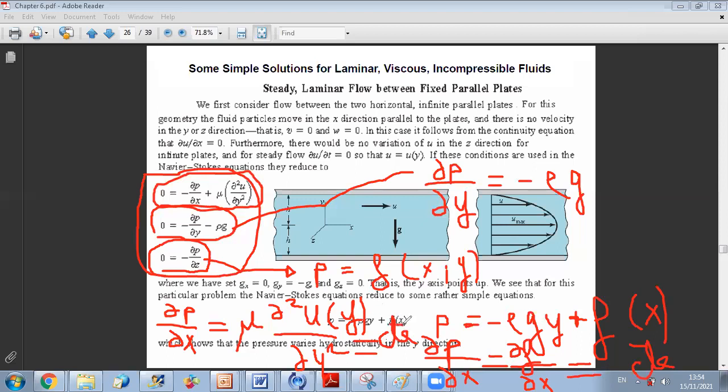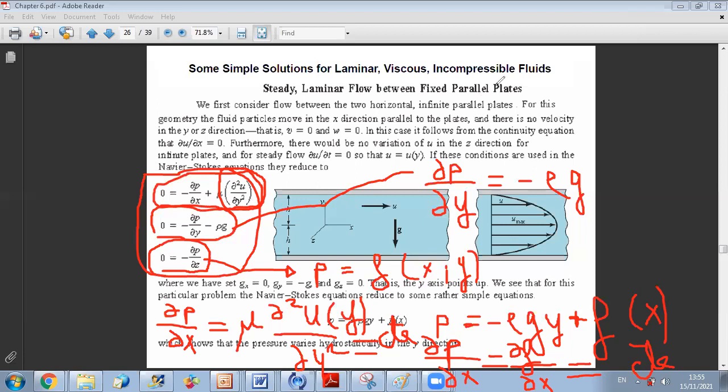And then u should be a second degree function of y. This is why I told you the flow profile is a second degree parabola, because we have demonstrated together here that the second derivative of u with respect to y is a constant. And this means that u is a second degree function with respect to y. Any question on this?